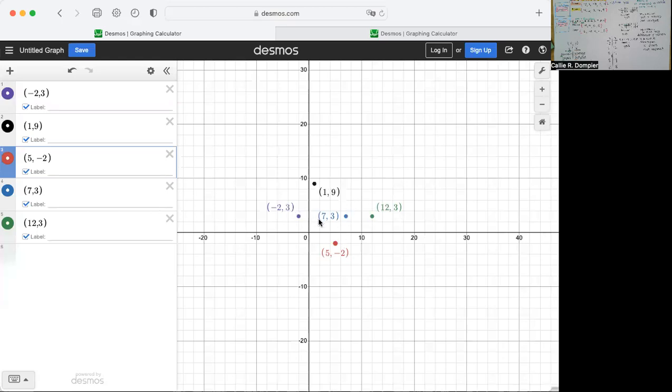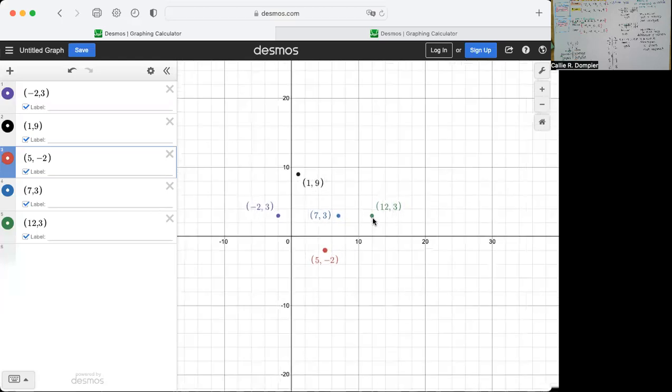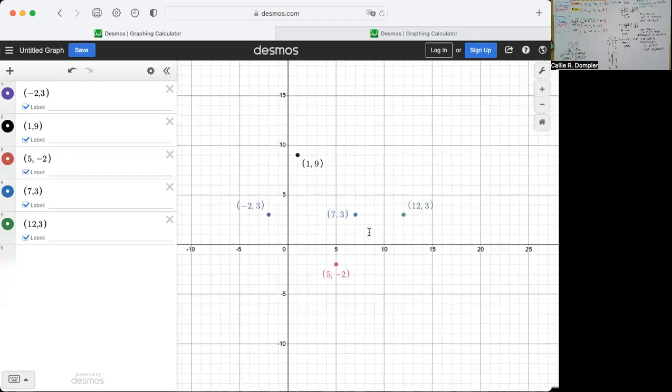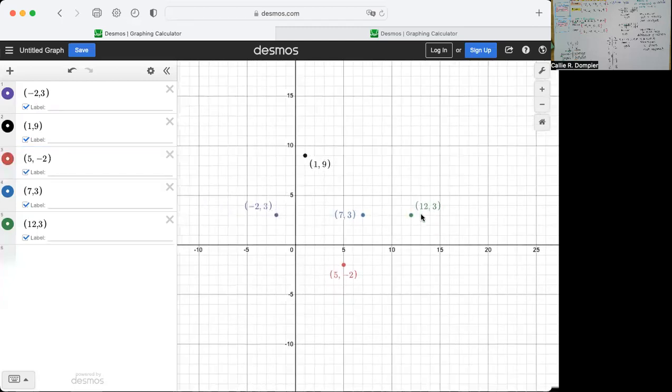Now, if we zoom in, we see that -2, 3, 7, 3, and 12, 3 are all on the same horizontal line, right? But we said 7 is a function. That is because there are no x values with the same y value. So this x value is -2, the purple one. The black one, the x value is 1.